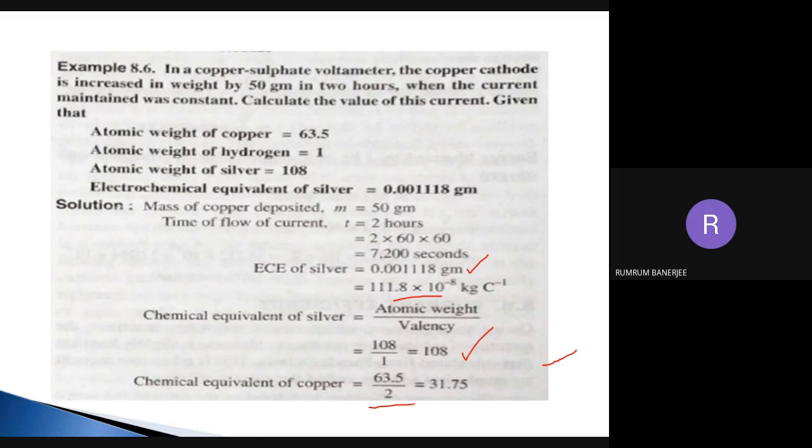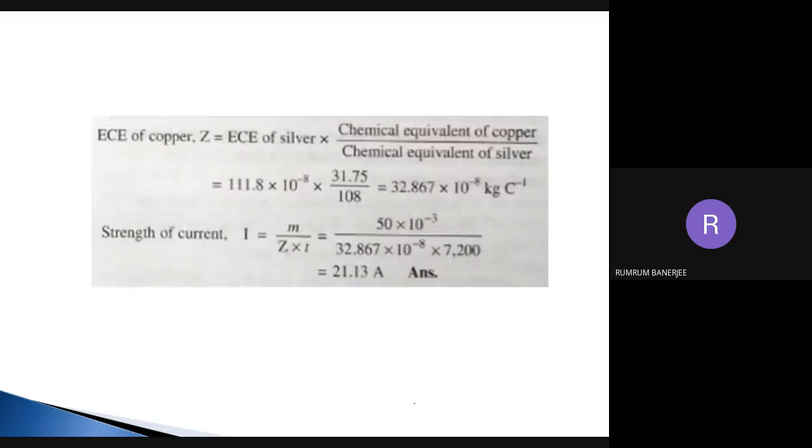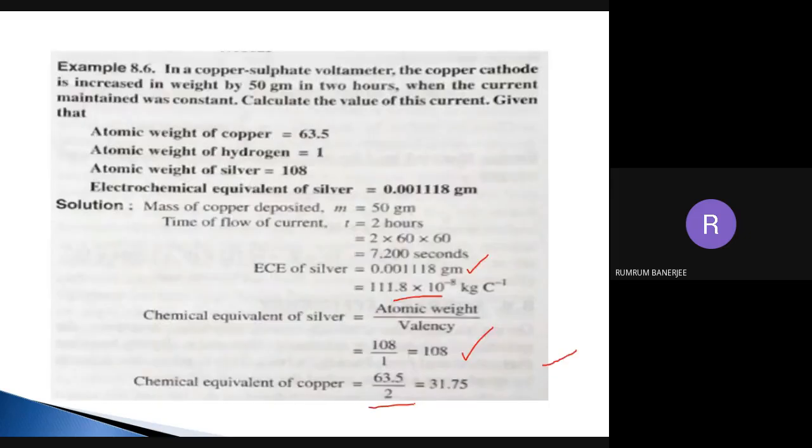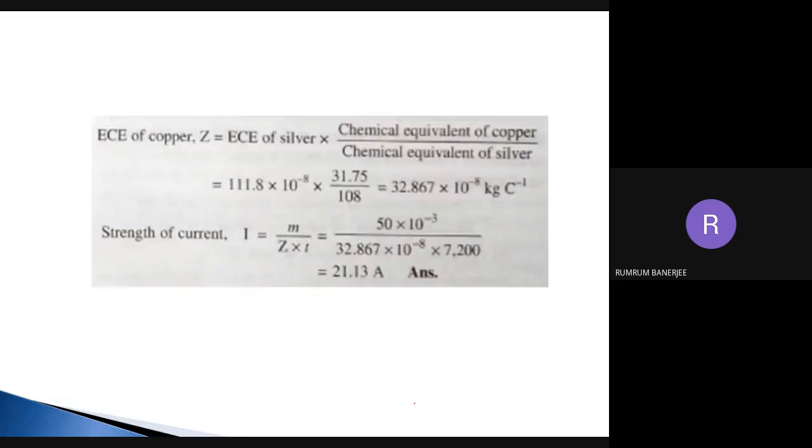Now we have to calculate the value of the current. So we go to the next part of this problem. ECE of copper, that means electrochemical equivalent of copper, is ECE of silver into chemical equivalent of copper divided by chemical equivalent of silver.